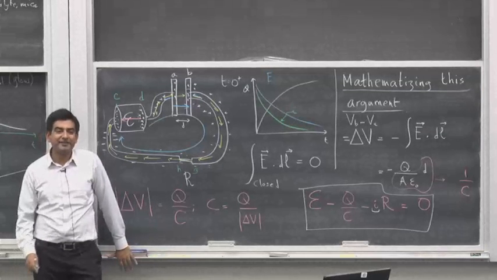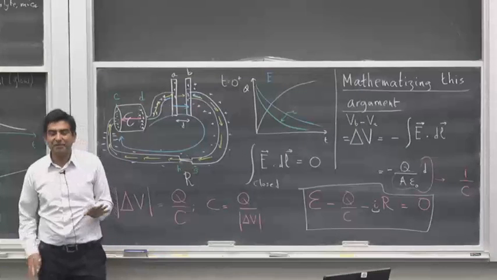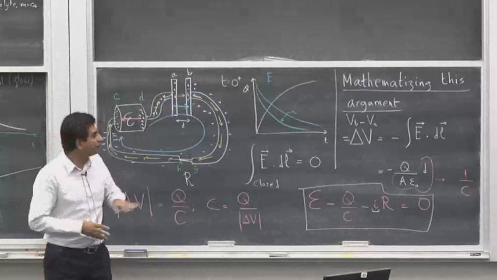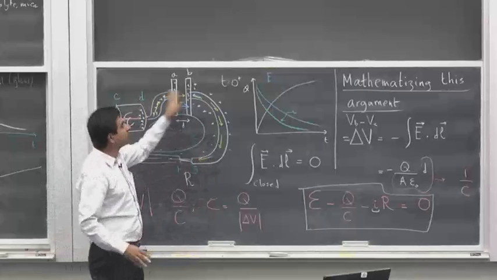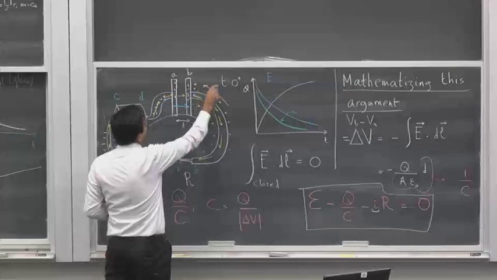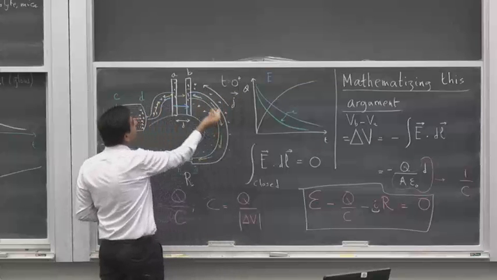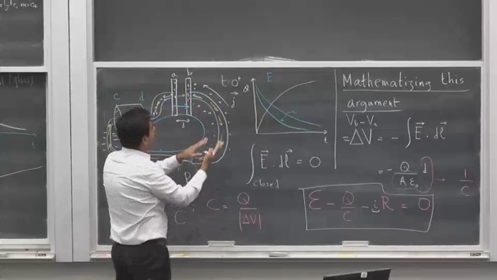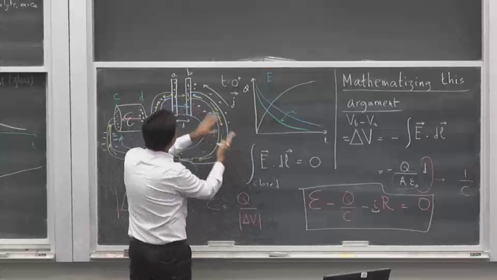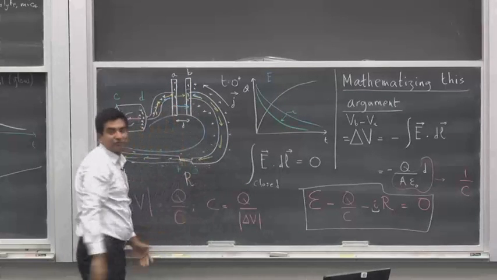If the current is steady, which means that you would like to have a good continuous stream of current flowing in this circuit, if you would like J to flow in this circuit, where will the current go? Current is the motion of charges. So when charges flow and they hit this plate, they have nowhere else to go.